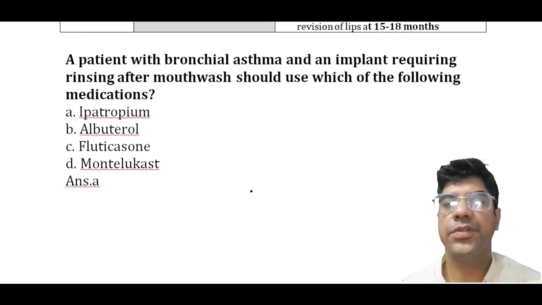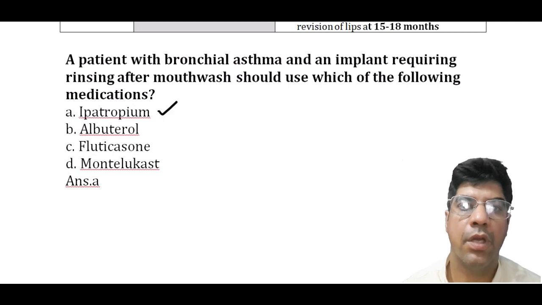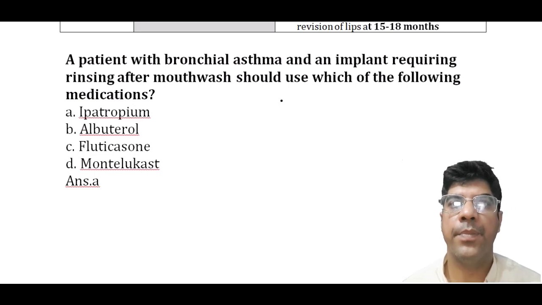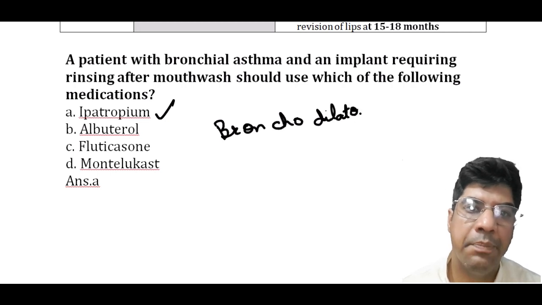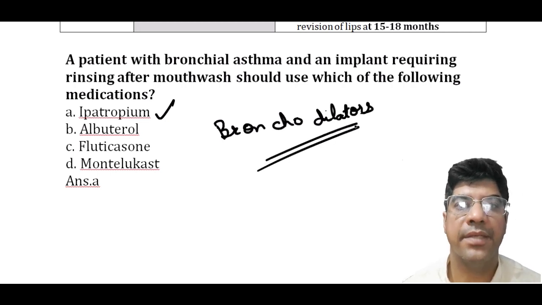Coming to the next question, a patient with bronchial asthma and implant requiring rinsing after mouthwash should use which of the following medications? The answer is ipratropium. We know ipratropium, remember, it is a bronchodilator. So that is commonly prescribed for patients with bronchial asthma.